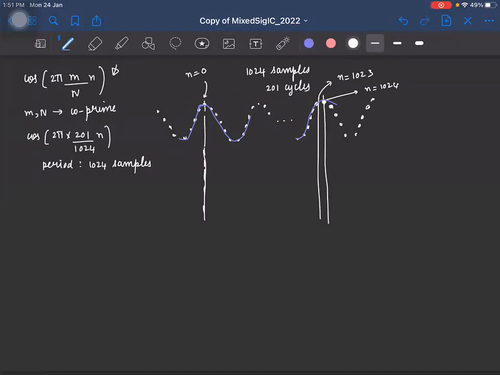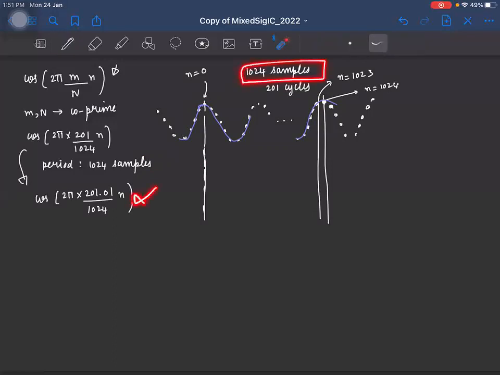But now, in practice, let us say the frequency has a slight error. The resulting sampled signal becomes cos of 2 pi times 201.01 by 1024 n. Let us say we try to capture the same 1024 samples for this signal.